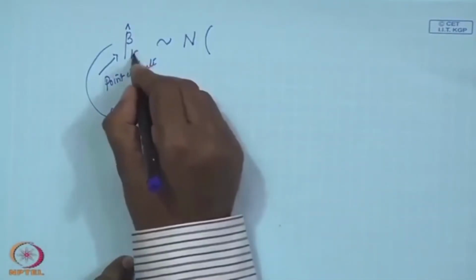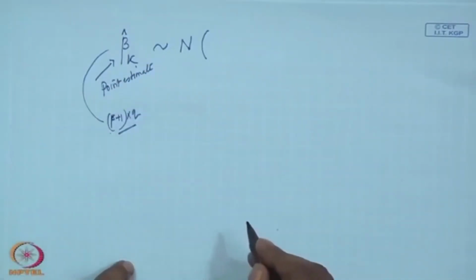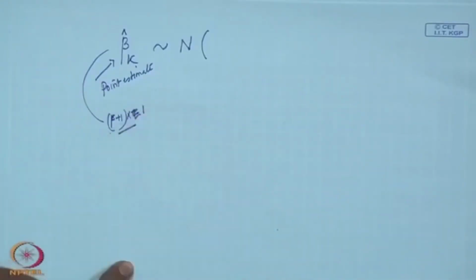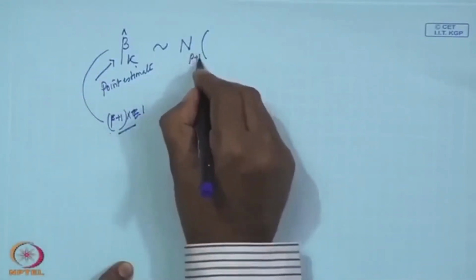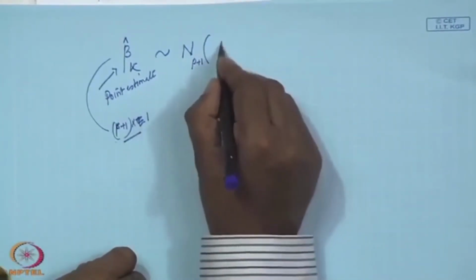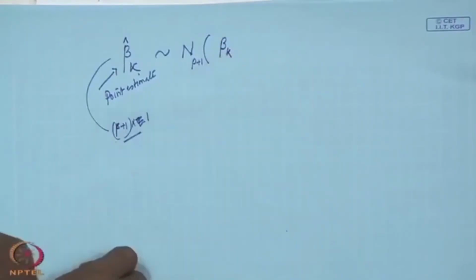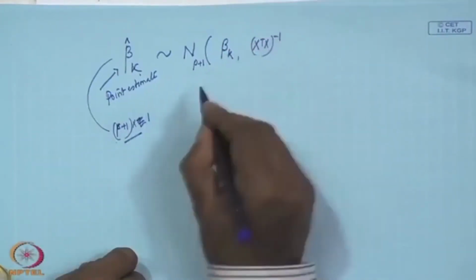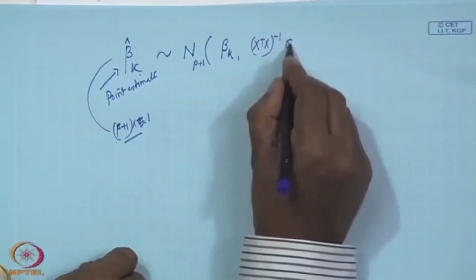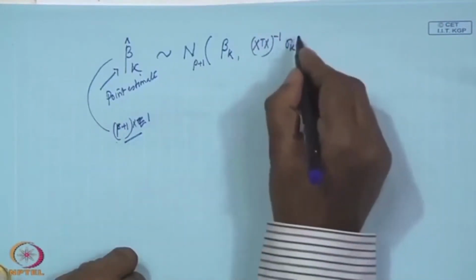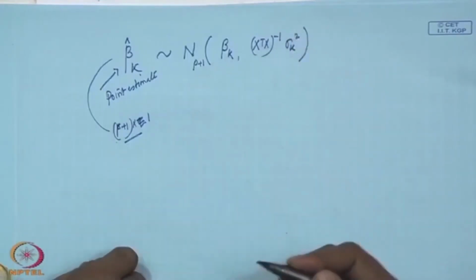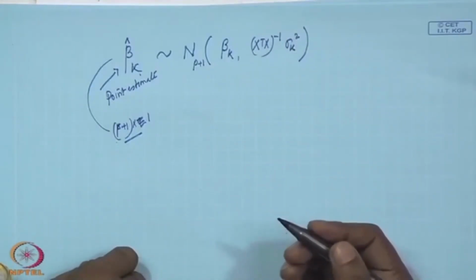Now I am writing here beta k. Then we are going back to this MLR case, so that means this will be 1, so this will become p plus 1. Then this beta k follows normal with x transpose x inverse times sigma k square. Correct.